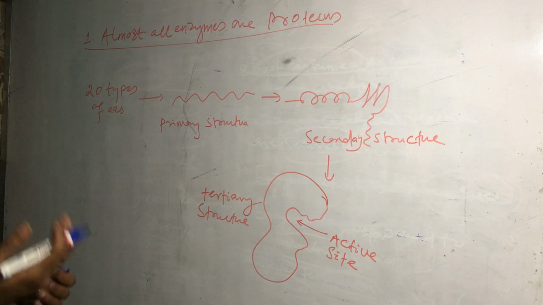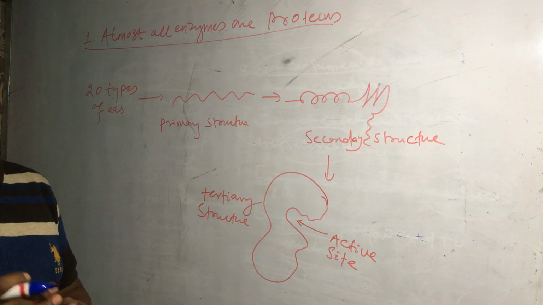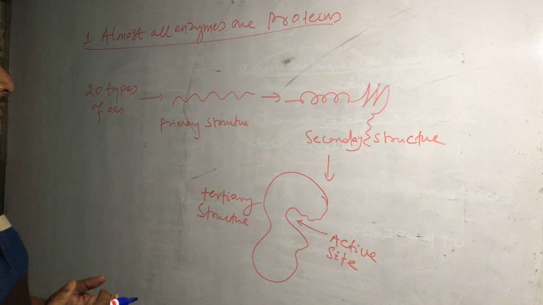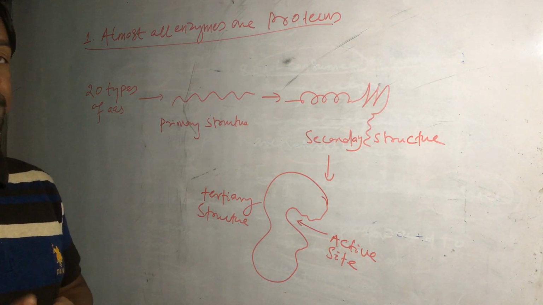However, during the evolutionary process, RNA was the first molecule to evolve, and RNA was the first molecule to catalyze chemical reactions.